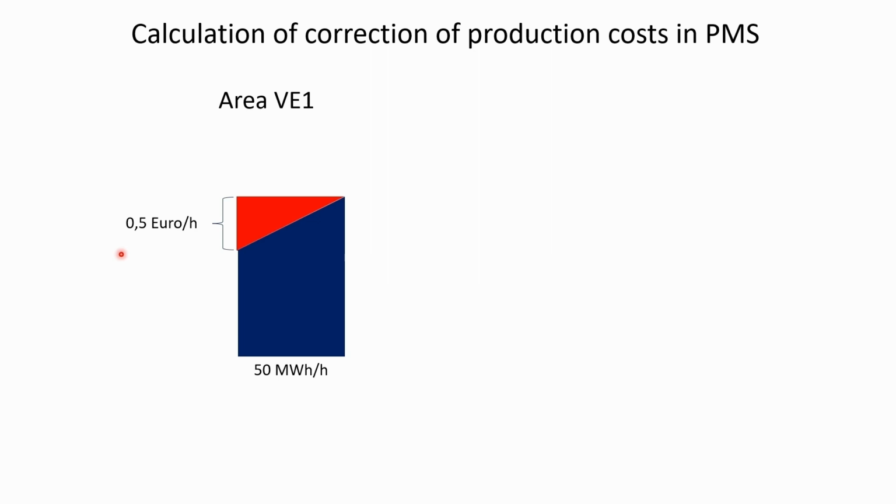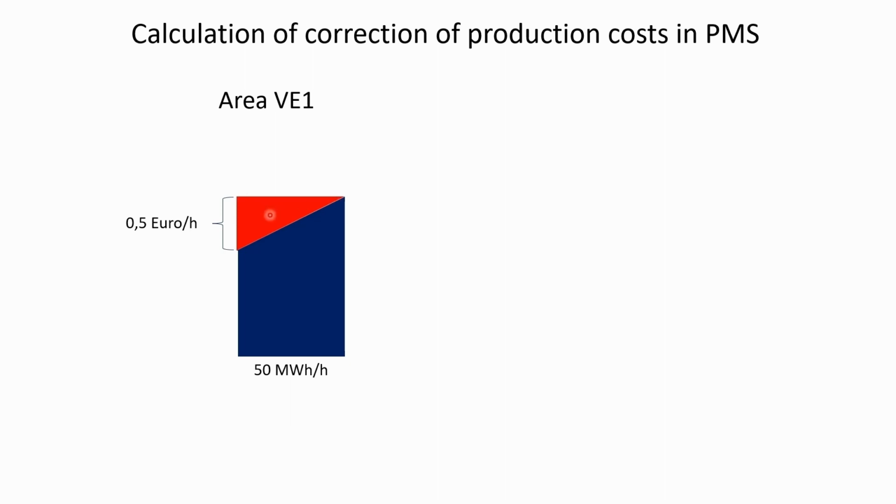And in the power market simulator, when we calculate the production costs here for this unit, we will multiply the marginal cost here, the total marginal cost, with the capacity. This would be the production cost. But we overrate the production cost with this area here.